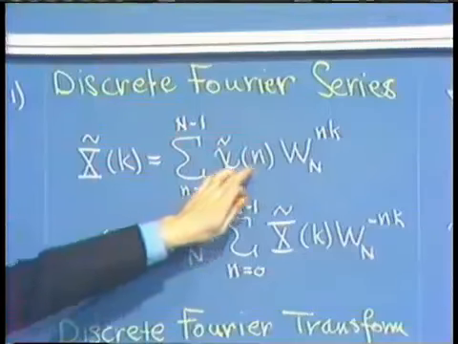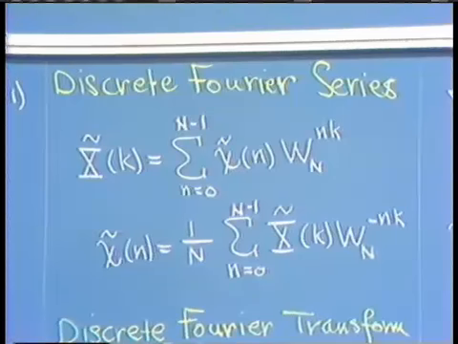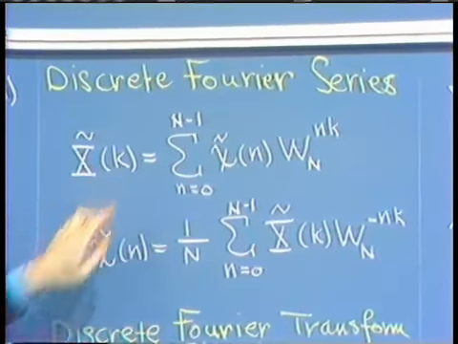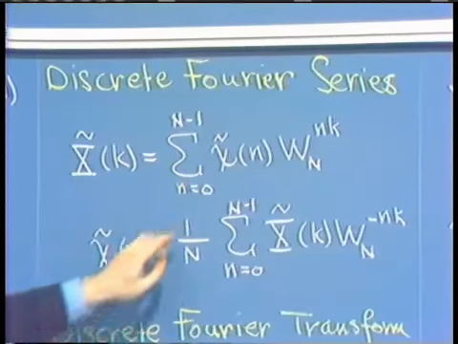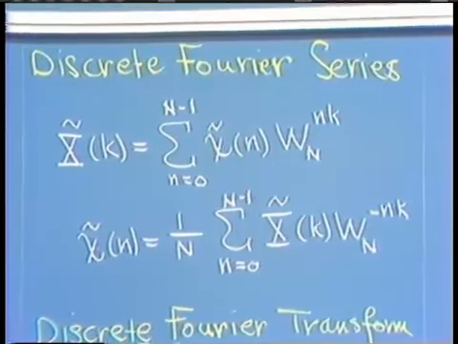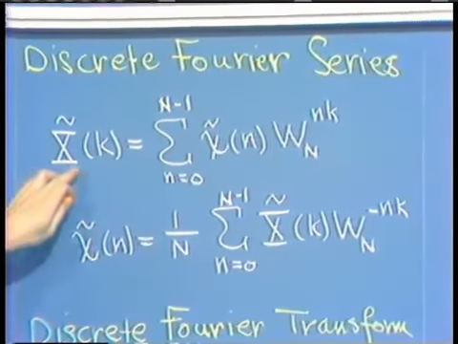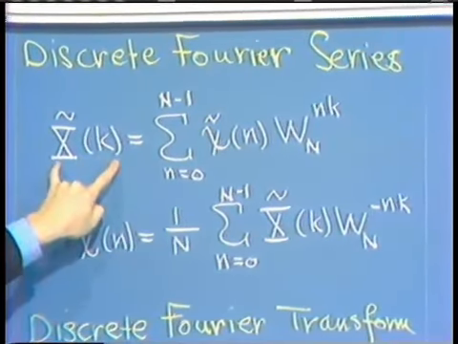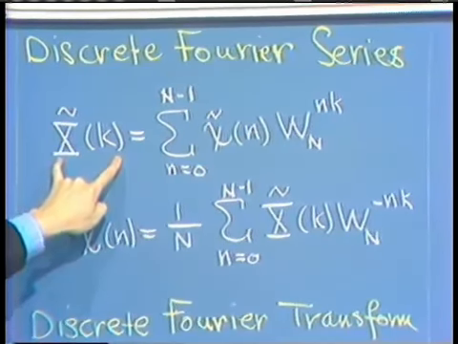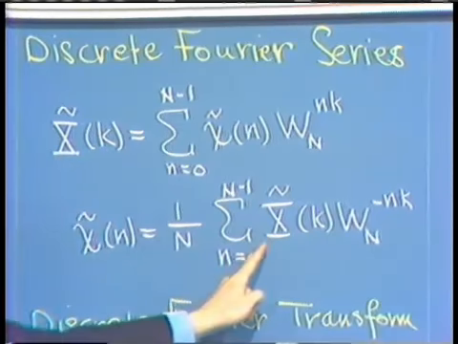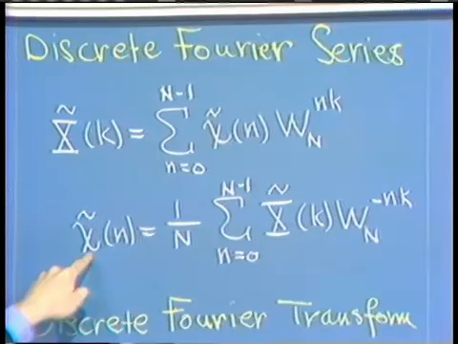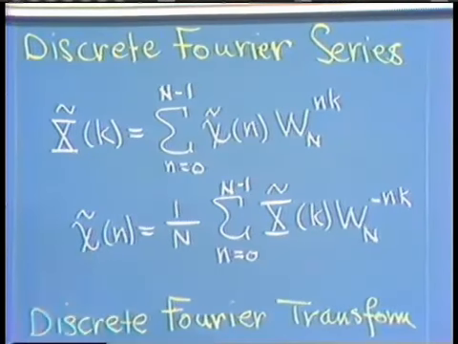That is, a sum of harmonically related complex exponentials generates x tilde of n, and the Fourier series coefficients capital X tilde of k were given by this expression. And I stress again the fact that we chose to interpret the Fourier series coefficients as a periodic sequence, and that didn't particularly matter because in any case we only use a single period of that in constructing the periodic sequence x tilde of n.